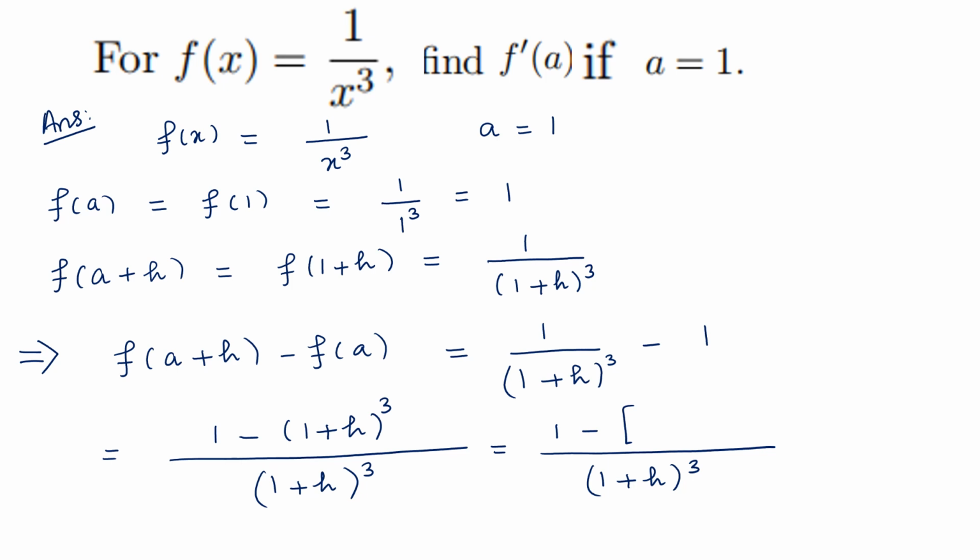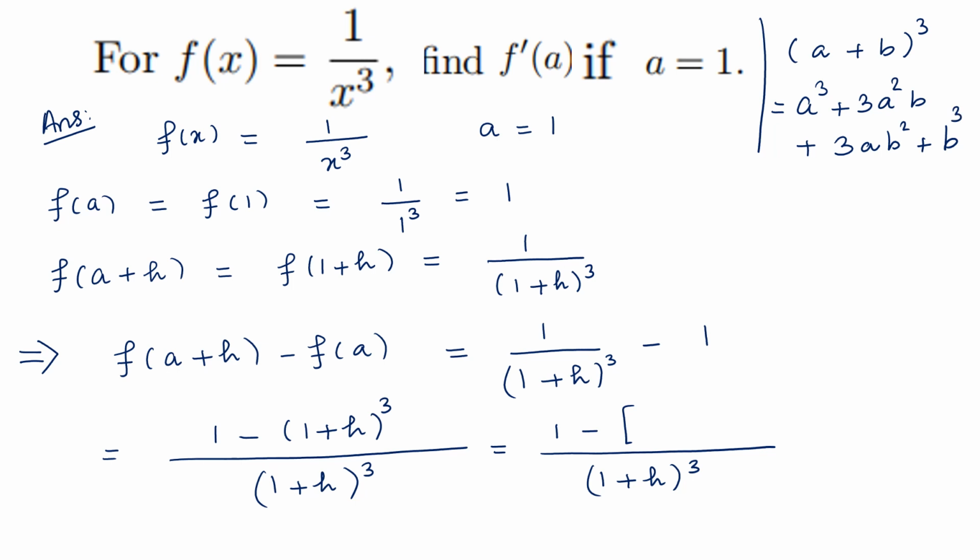So what is the rule we have? (a plus b) the whole cube equals, recall the rule, a cube plus 3a square b plus 3ab square plus b cube.